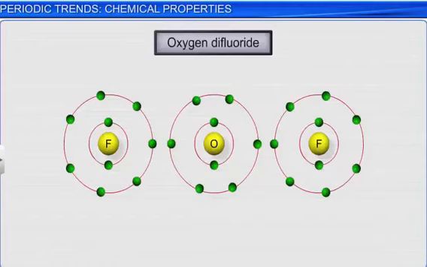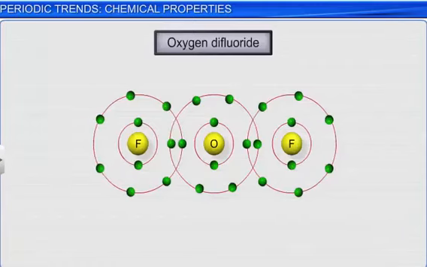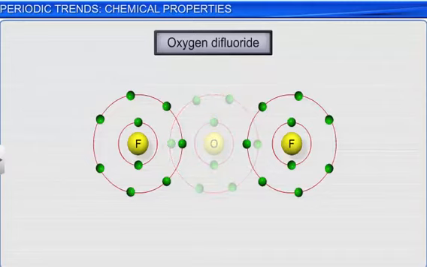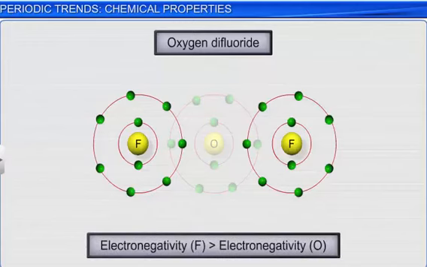Now, let's take the case of oxygen difluoride. Recall that fluorine is the most electronegative element on Pauling scale, and therefore has a greater electronegativity than oxygen.